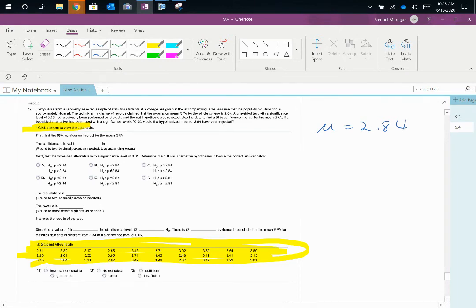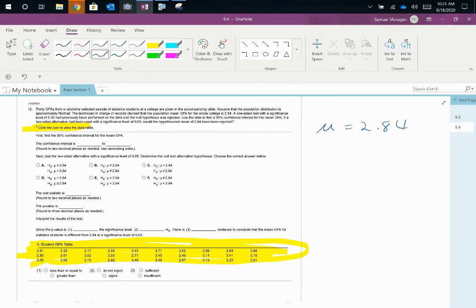A one-sided test with a significance level of 0.05 had previously been performed on the data, and the null hypothesis was rejected. Use the data to find a 95% confidence interval for the mean GPA. And then it continues: if a two-sided alternative had been used with the same significance level, would the null hypothesis still have been rejected?